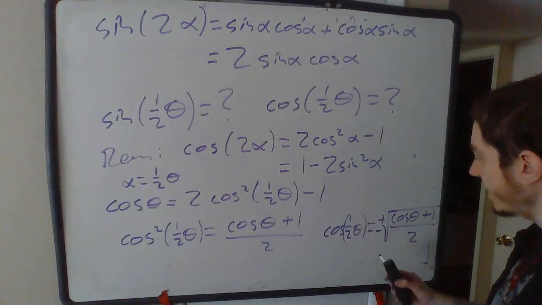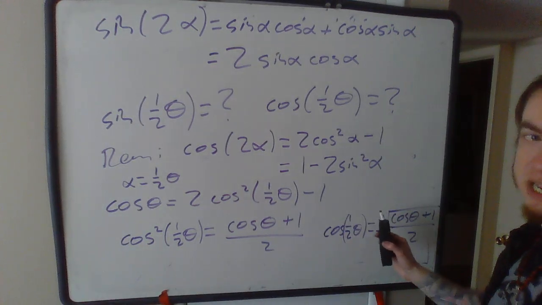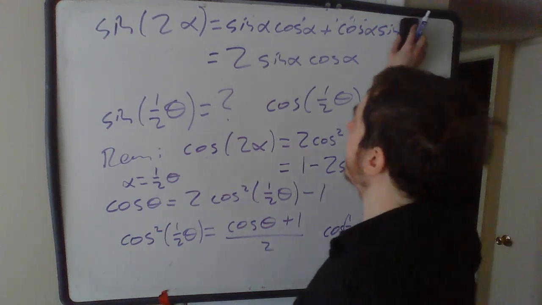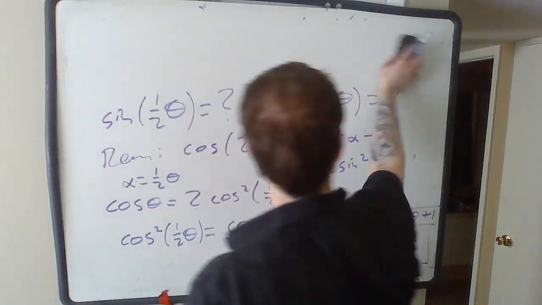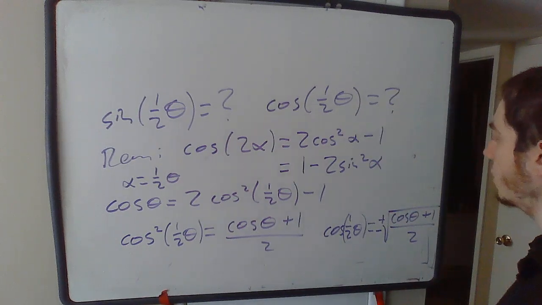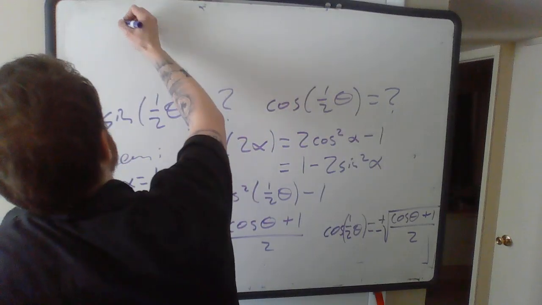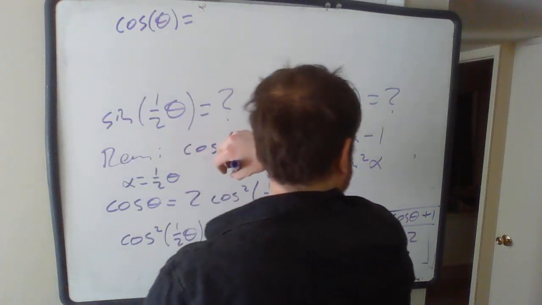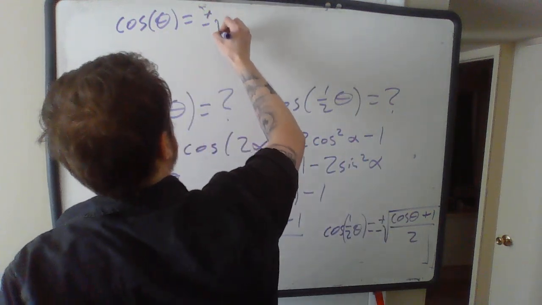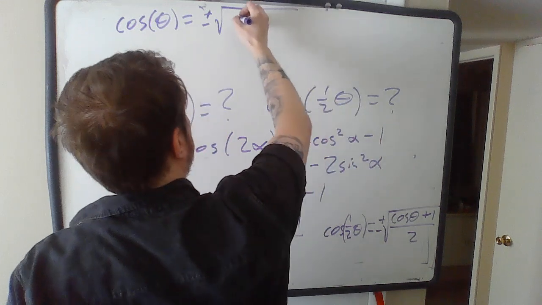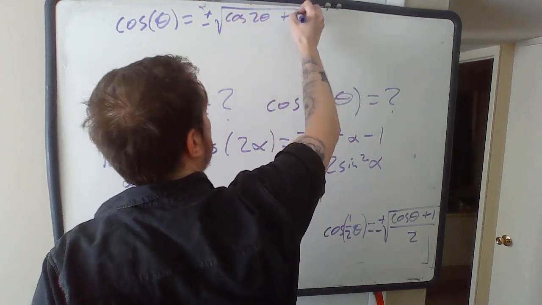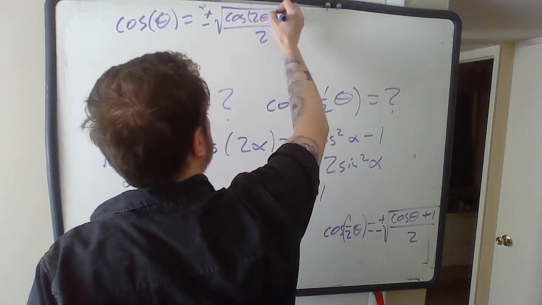So I can figure out whether to take the positive or negative square root. Another way of writing this would be to say that the cosine of theta is equal to plus or minus the square root of cosine 2 theta plus 1 all divided by 2.